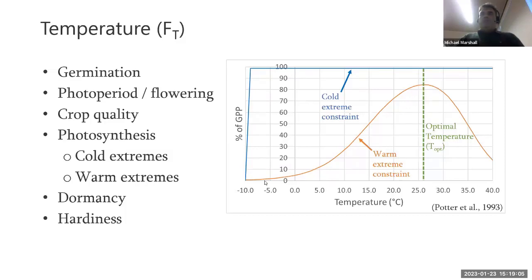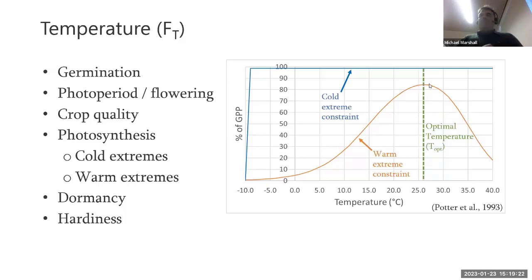So in the warm extreme constraint, as temperatures increase, photosynthesis increases and GPP is accumulated until some optimal temperature is reached. And that optimal temperature, if you're lucky, corresponds to the reproductive phase. It doesn't always happen.